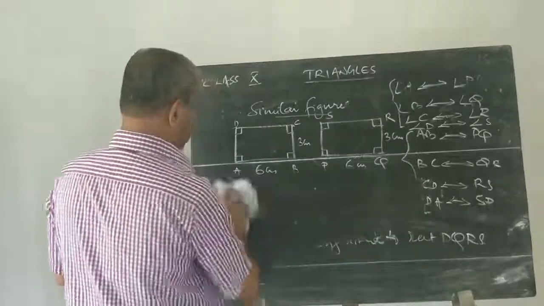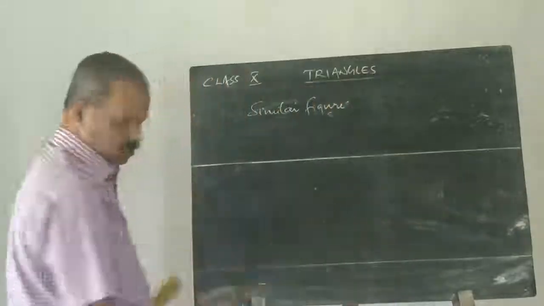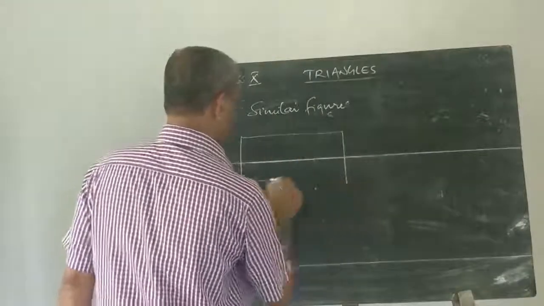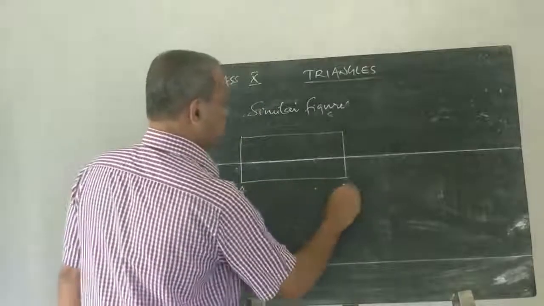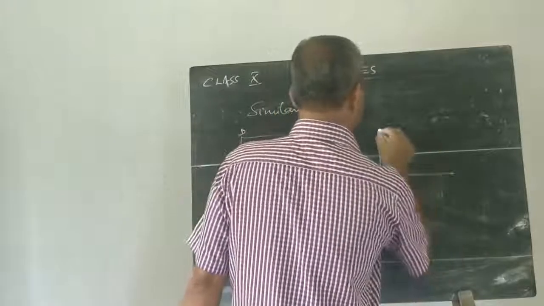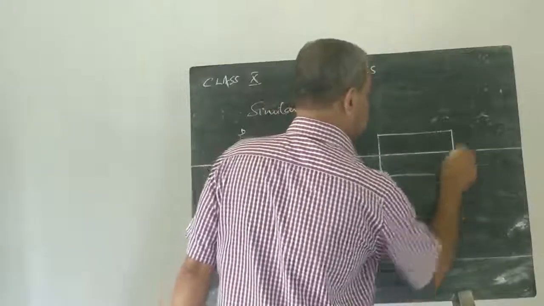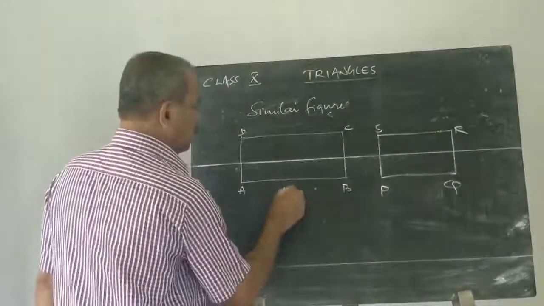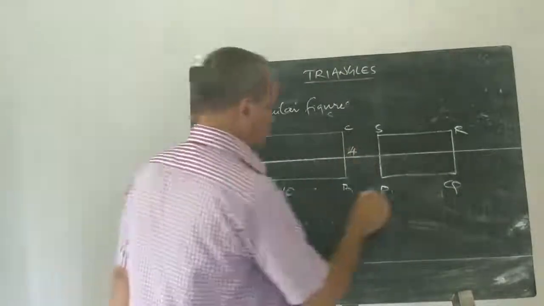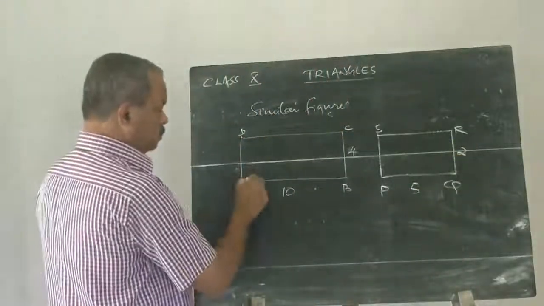Now let us consider another pair of figures. Rectangle again, rectangle ABCD and rectangle PQRS. Here 10 centimeters, 4 centimeters, 5 centimeters, 2 centimeters.